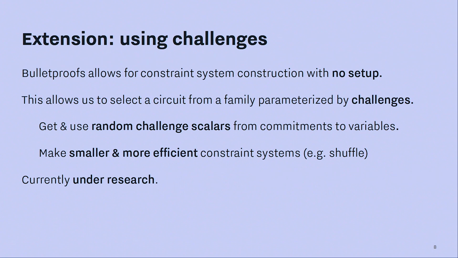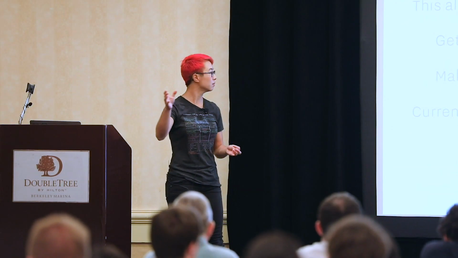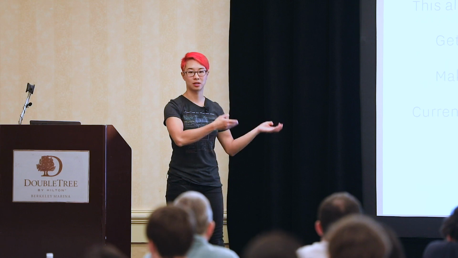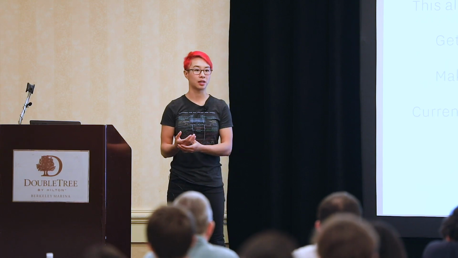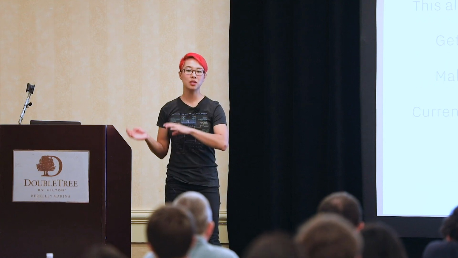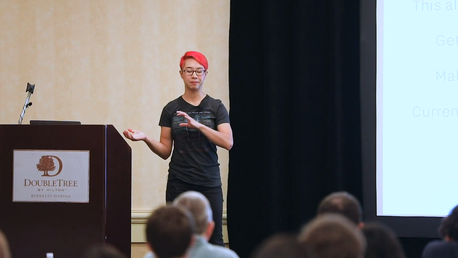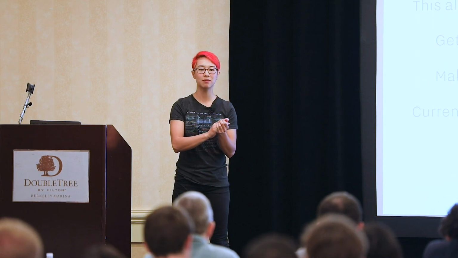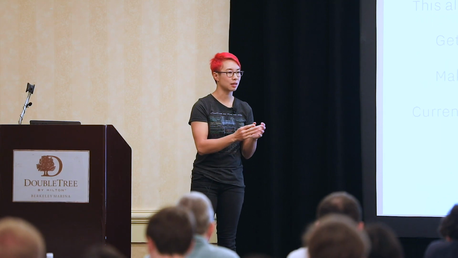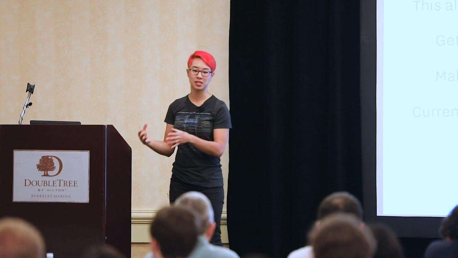In Bulletproofs, high-level variables are variables that you have Pedersen commitments to, and in the shuffle example, the high-level variables are A, B, C, and D. And then you can also allocate some low-level variables. Then when you call a function like get randomized constraints or make randomized constraint system, that basically transitions from the first phase to the second phase.